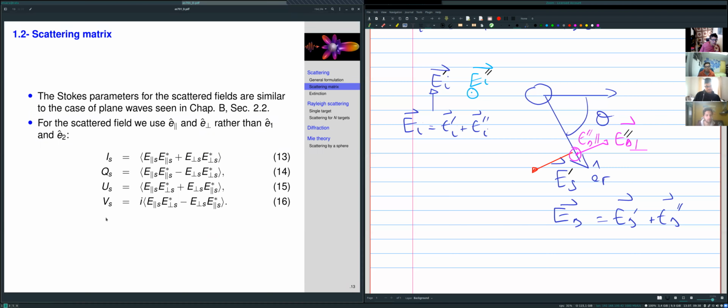We have I, Q, U, V, except that we're not using the same notation here.